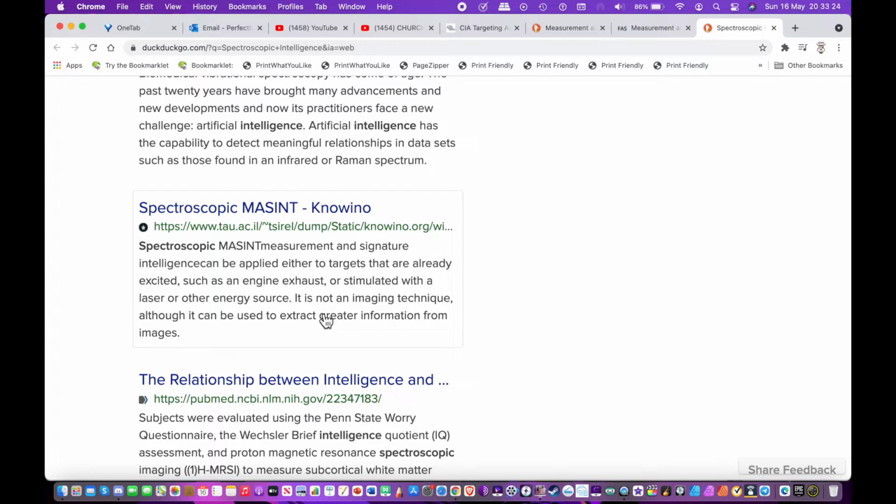Spectroscopic MASINT measurements and signature intelligence can be applied either to targets that are already excited, such as an engine exhaust, or stimulated with a laser or other energy source. It is not an imaging technique, although it can be used to extract greater information from images.